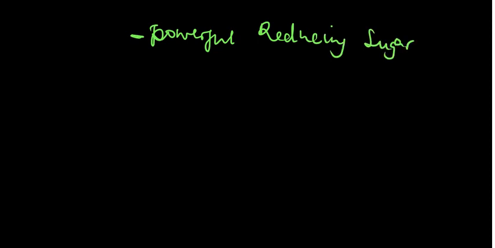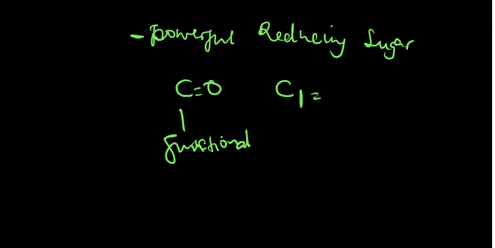So when you look at this, this carbonyl group on carbon number 1 is what enables it to be a very powerful reducing sugar, because remember, the functional group is the one that determines the reactivity of this molecule. It is this aldehyde group that is able to react and enable glucose to be a very powerful reducing sugar.